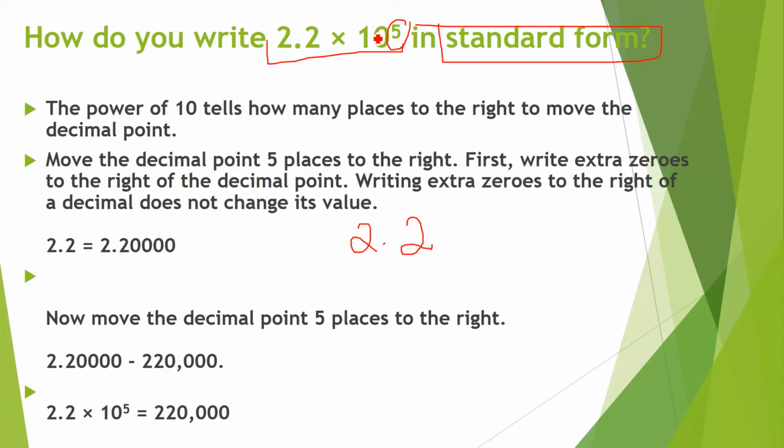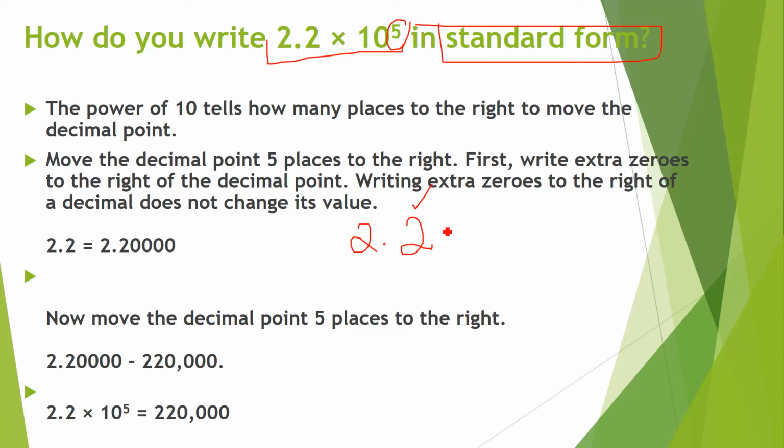The power of 10 will tell you how many places you have to move to the right hand side. It says 5 places. So 5 places after decimal, you have to count 5 places, but here we have only one place after decimal. You have to include whatever you have after decimal. So after decimal we have 2, so it means 4 more places.